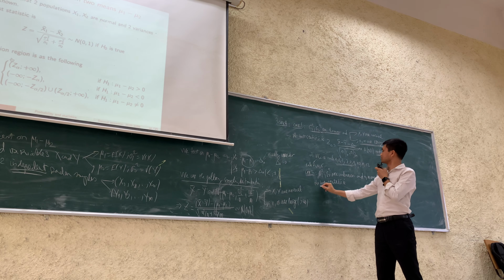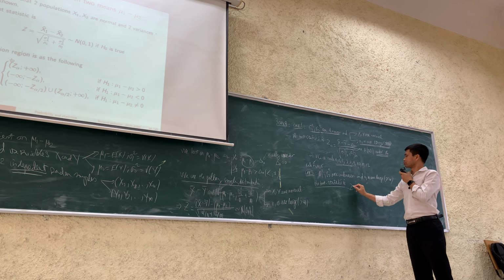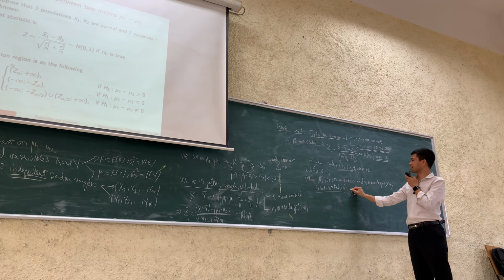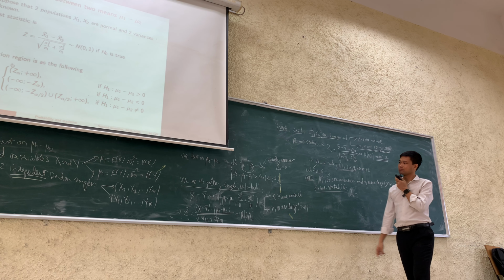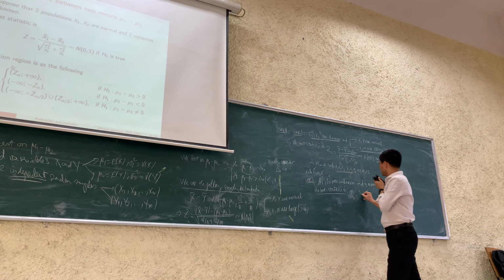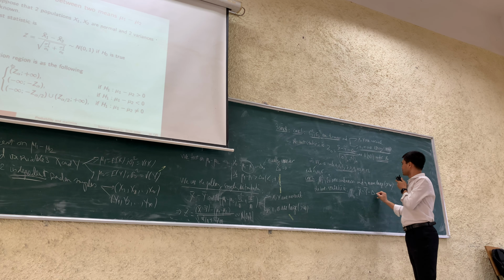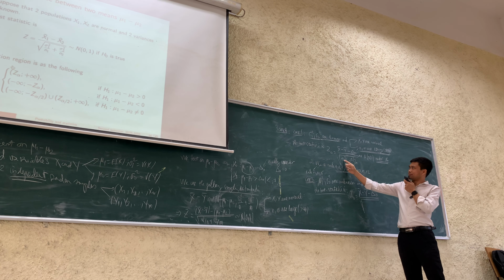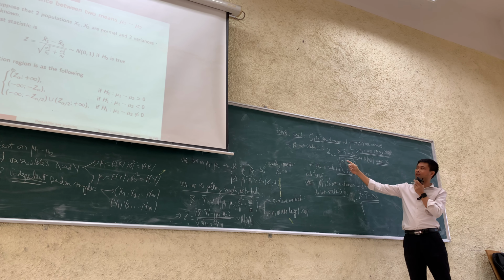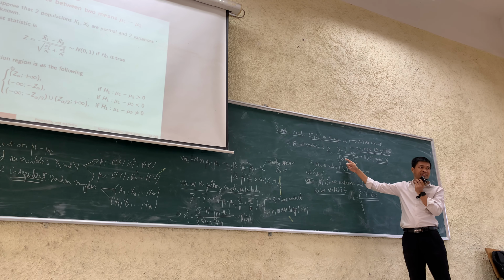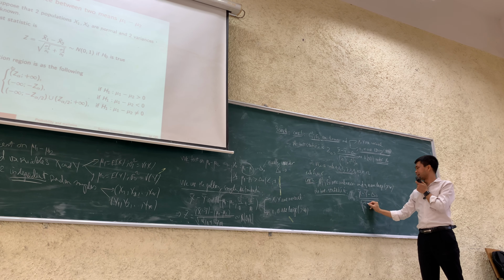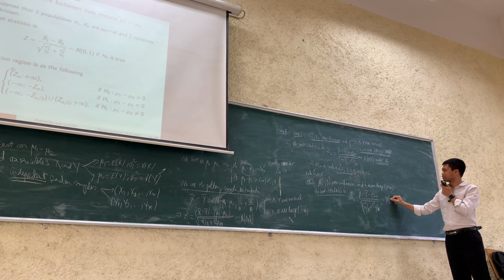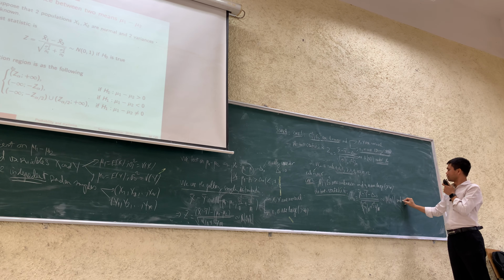The test statistic is t naught equals x bar minus y bar minus delta naught divided by the square root of... now sigma 1 square and sigma 2 square we replace by s1 square and s2 square. And the distribution is approximately N(0,1) when H0 is true.